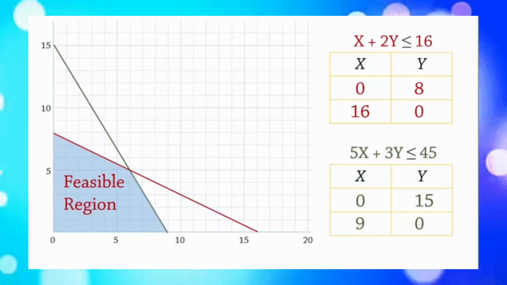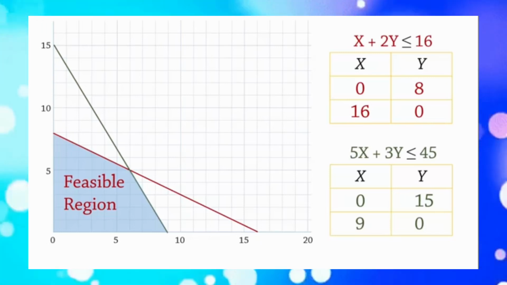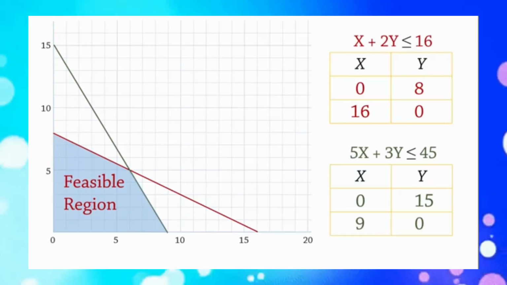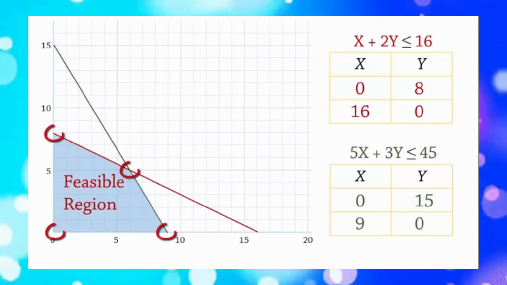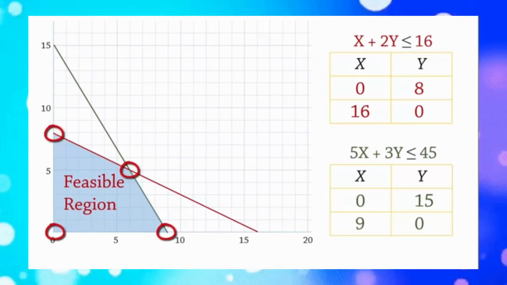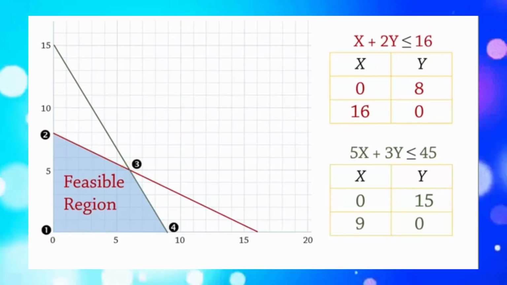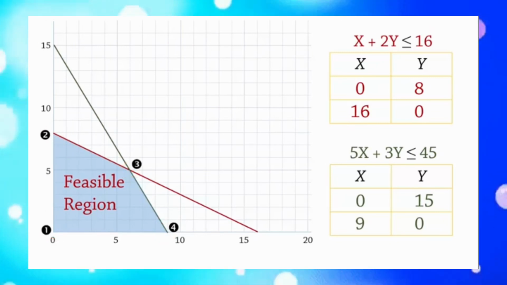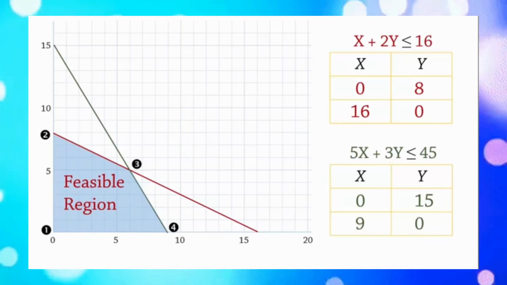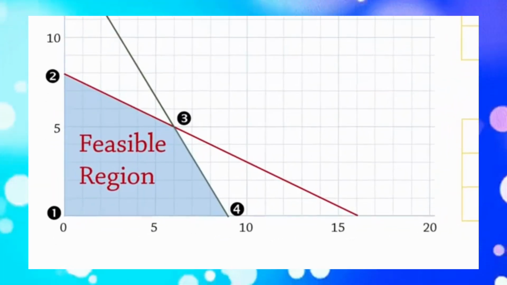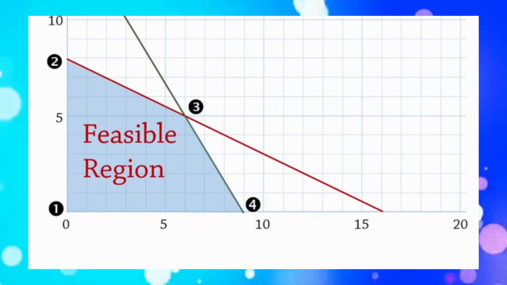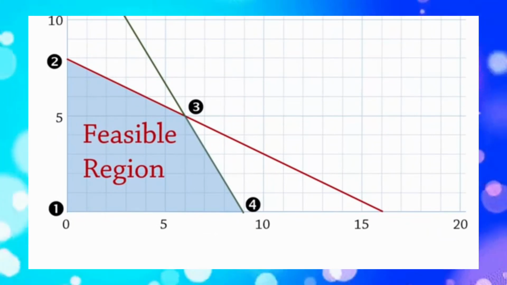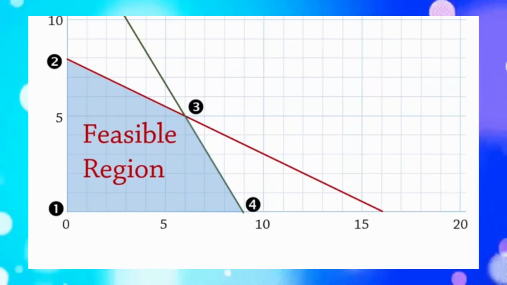In particular, the optimal or best solution will occur at an extreme point or corner point of the feasible region. These are the corner points for the feasible region. Let's label them 1 to 4. The optimal solution to this linear programming problem will occur in at least one of them. To decide which one is optimal, we will find the coordinates of the point, plug them into the objective function, and then choose the best.